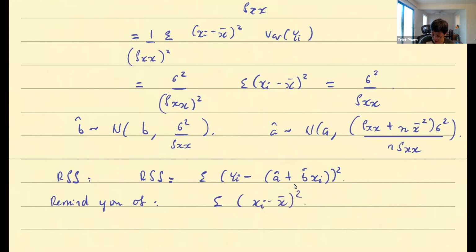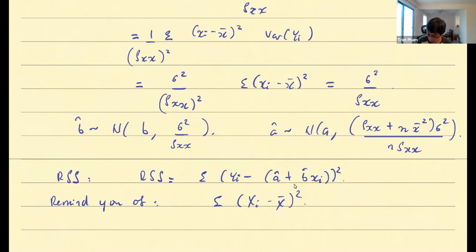Remember the good old days when things were simple? But do remember, in this context, the xi are normal, okay? This is not constant. The xi are normal would mean mu and variance sigma square. All I'm saying is this is also an RSS, a residual sum of squares when we only regress on the constant, right? No slope.